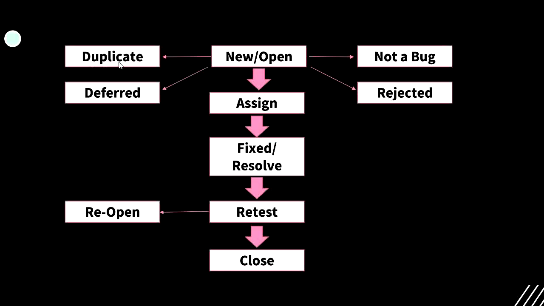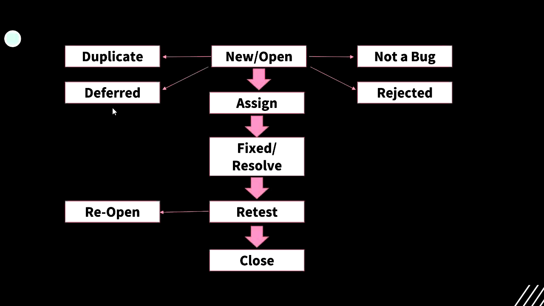Duplicate is the state where, if another tester has already opened the defect for the same issue and you have also opened the same defect, then the status will be changed to duplicate, and that defect will be closed, saying that it is a duplicate defect. Deferred is a state where you have found a defect that needs to be fixed, but not instantly.